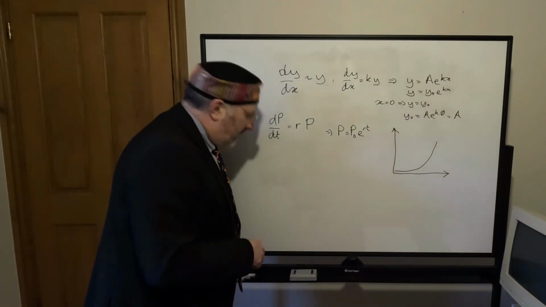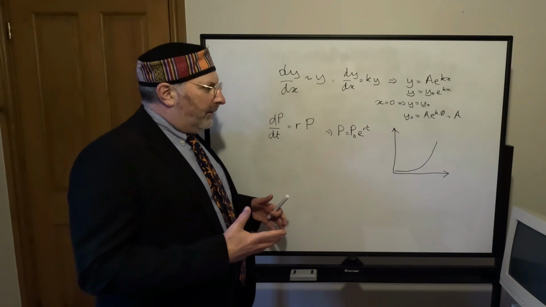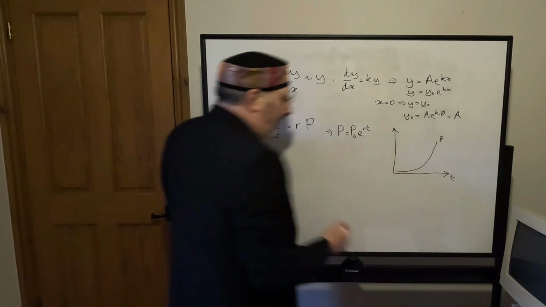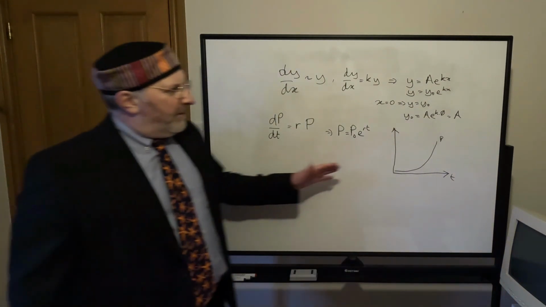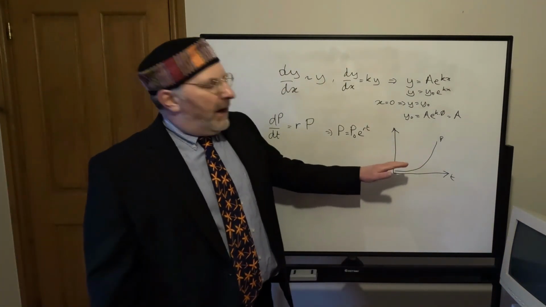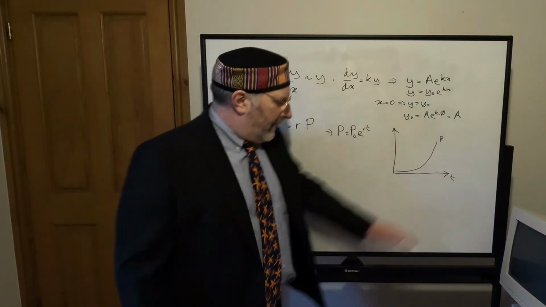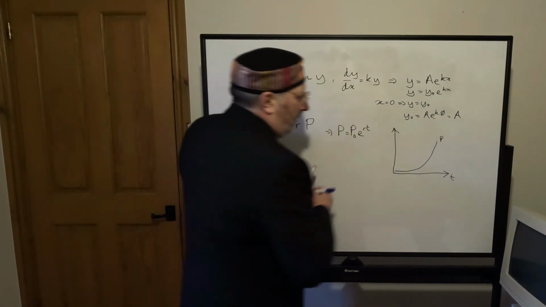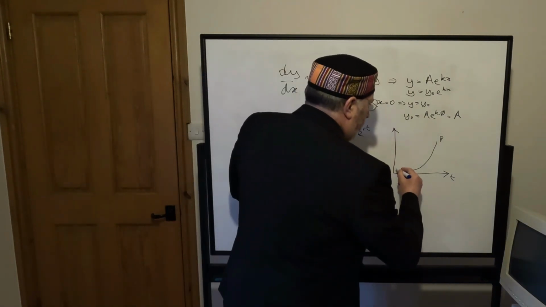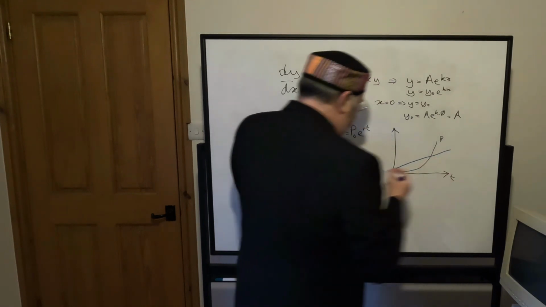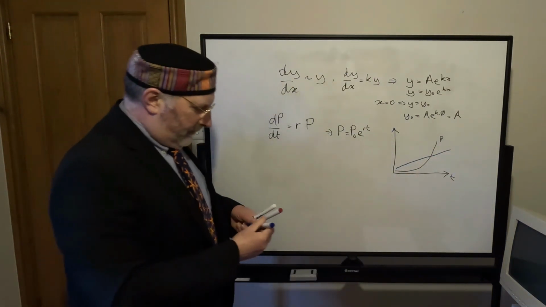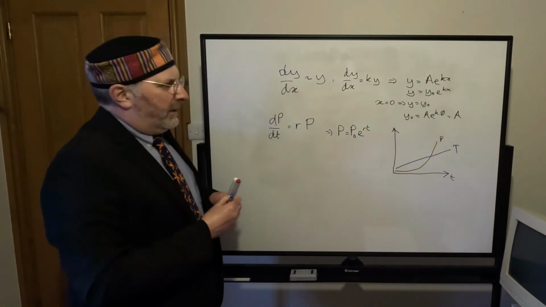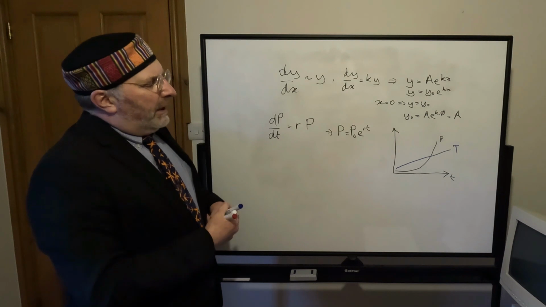Whereas he said that the ability to feed people, our technology, as it's against time, that's population, our ability to feed people, our technology, increases linearly. So if we do technology on here, it's just going up steadily, he argued. I'll put T for that, technology, ability to feed people.